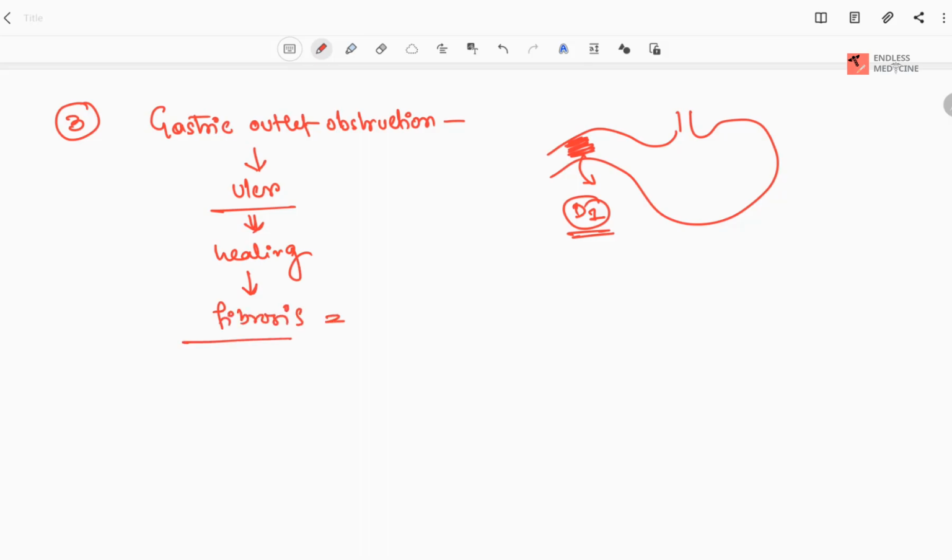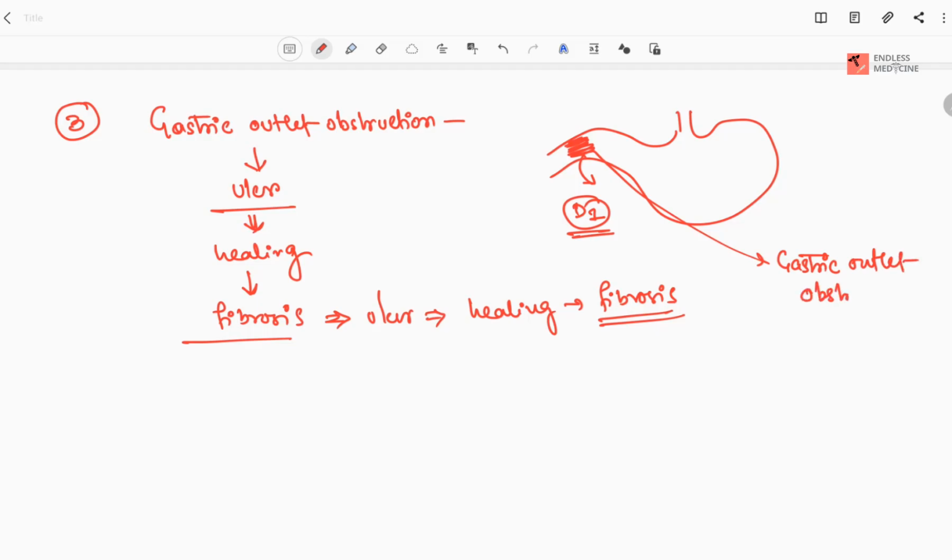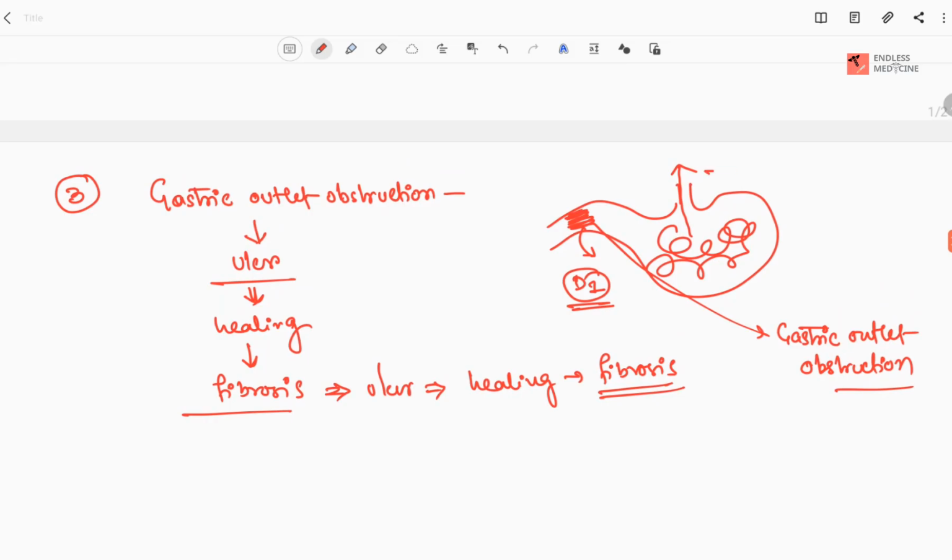If the patient has a second attack of ulcer, again healing, again fibrosis. As there is so much fibrosis, there is obstruction of the gastric outlet. And what happens then? Now food content is released backward, so there is vomiting.